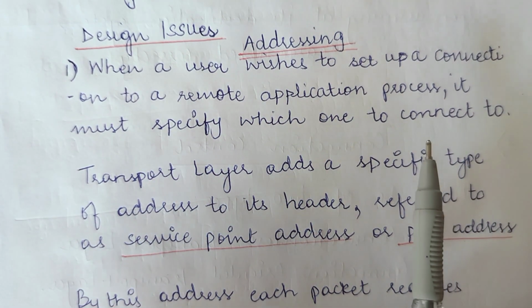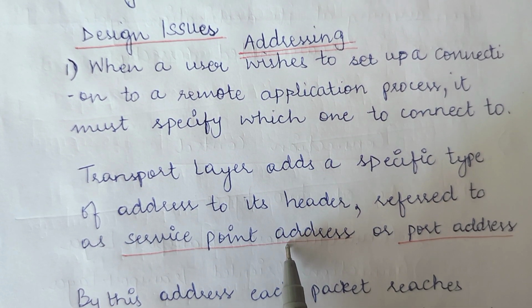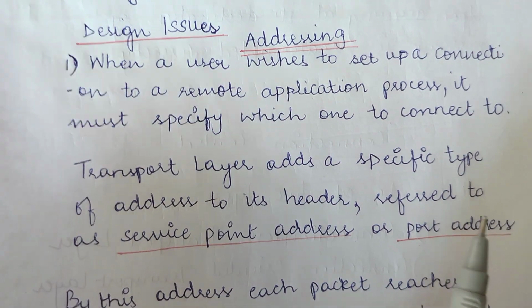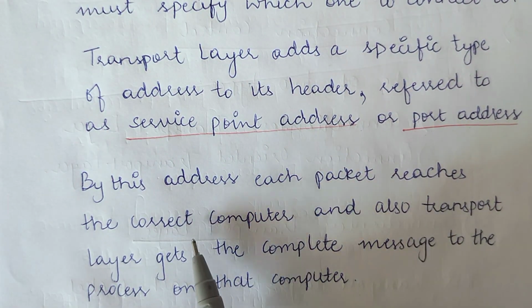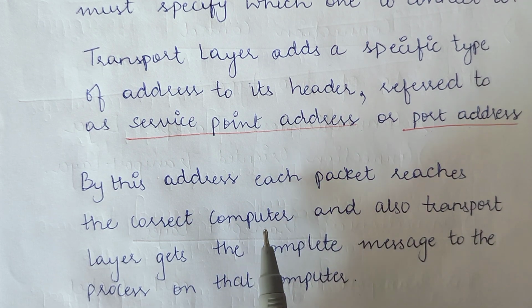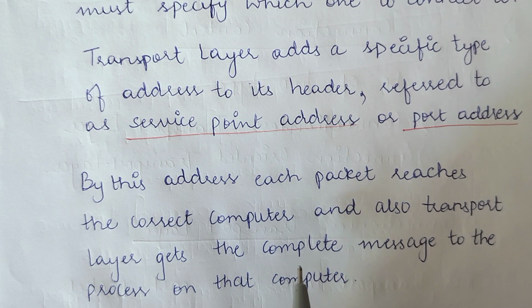This address which the transport layer adds to the header field of the frame is also known as your service point address or port address. With the help of this address, each packet reaches the correct computer or the correct destination, and the transport layer also gets the complete message to the process on that computer.